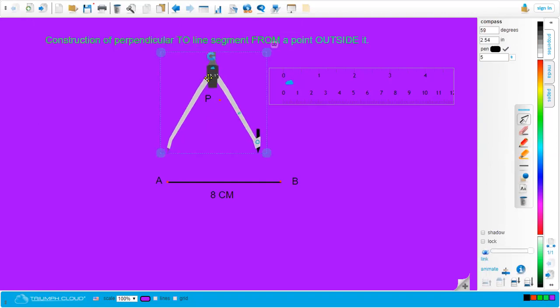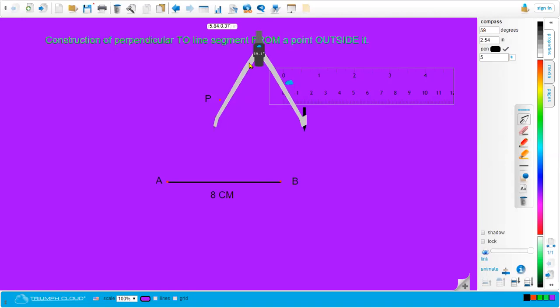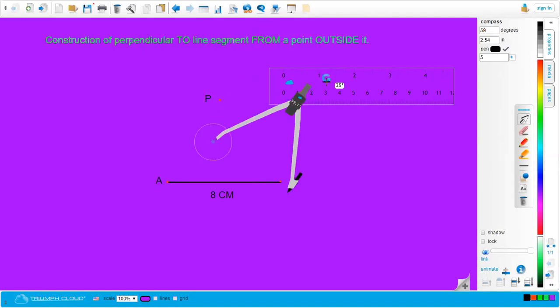From this point P, we have to cut the original line segment AB.